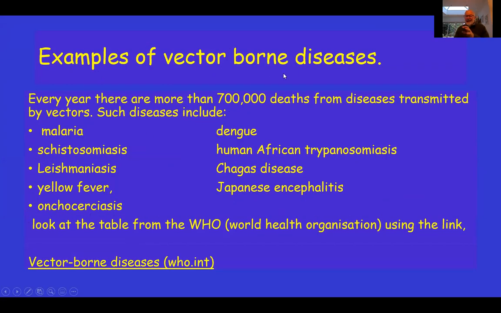So here are some examples of vector-borne diseases. Now, not so much a problem in this country, although we do have diseases that are transmitted. Most of them are in the sub-Saharan or the tropical areas of the world.